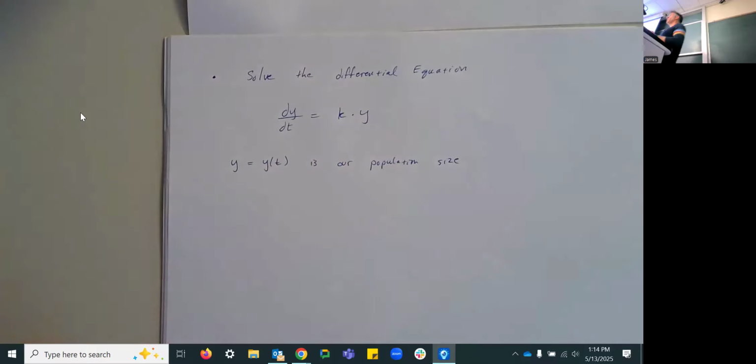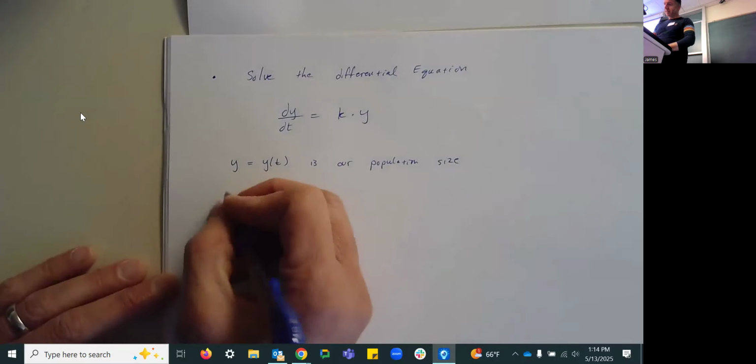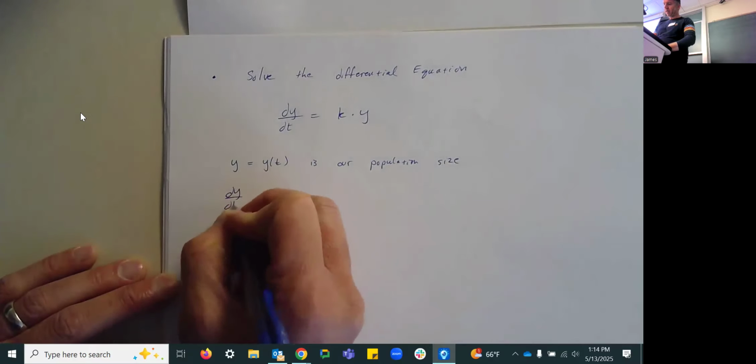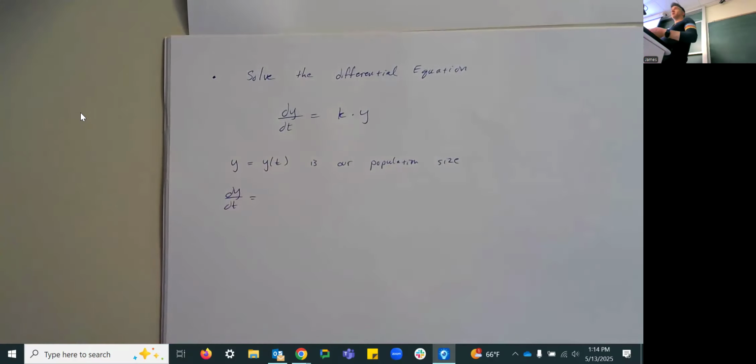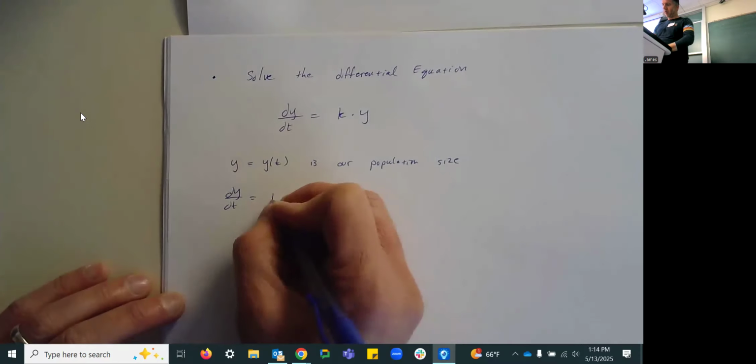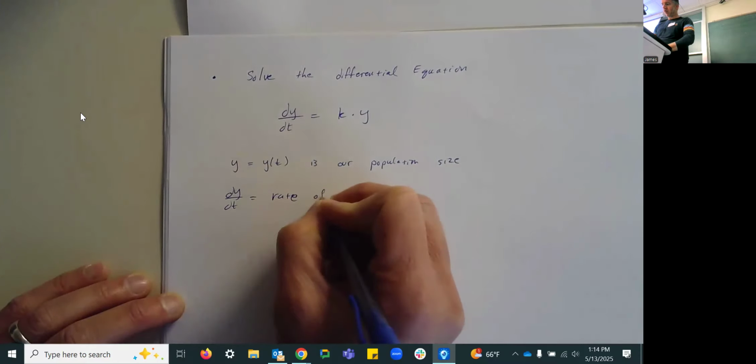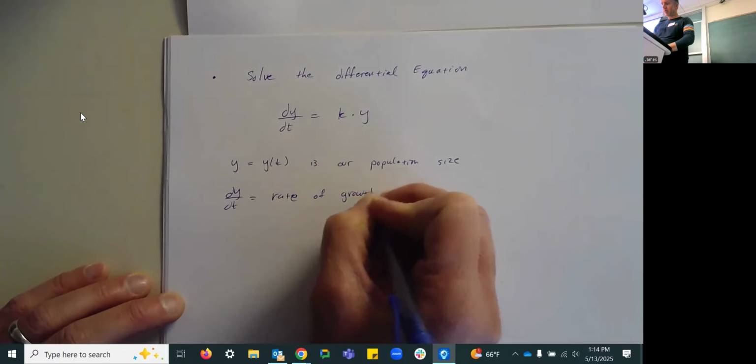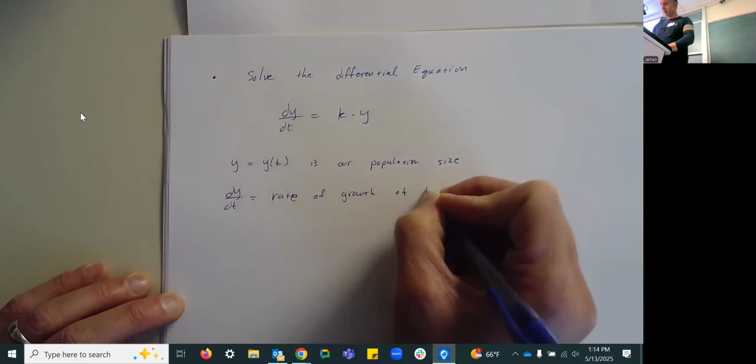And it can be the population of people, bacteria, or the amount of radioactive material, or anything you measure that either grows or decreases. And then dy/dt, well, it's the derivative. It's the rate of change, or the rate of growth of the population.